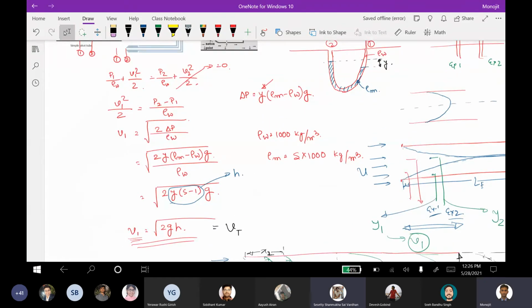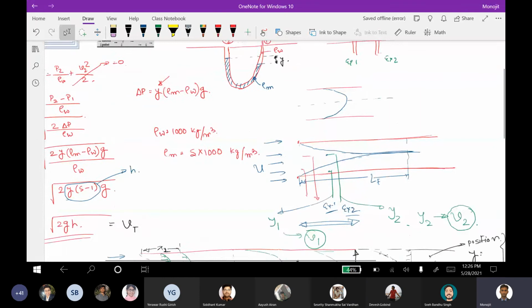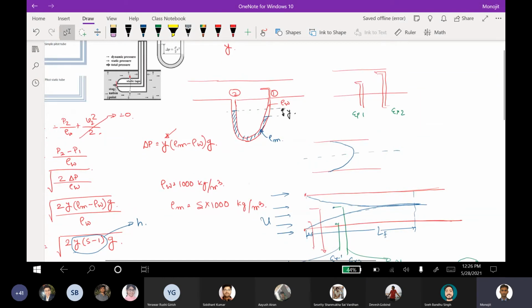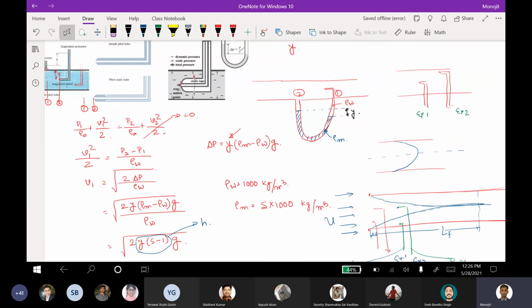That would be a very minor change, and you can take care of it by taking the density at that specific temperature. Now the thing is, the change in density of the manometric fluid and of the working fluid with temperature is different. So if you take care of both, you can correct that.